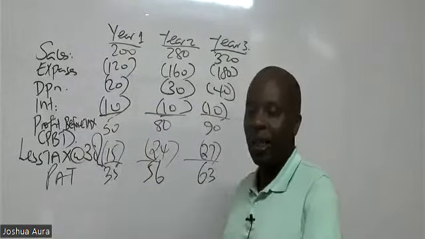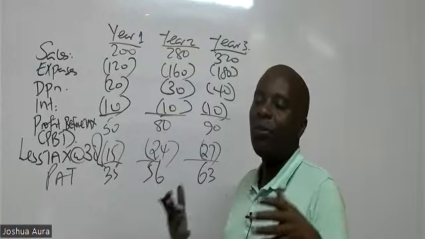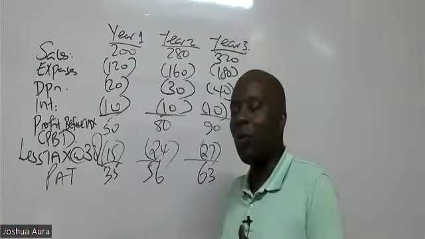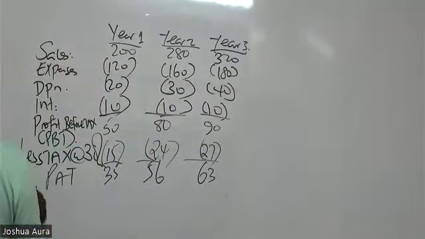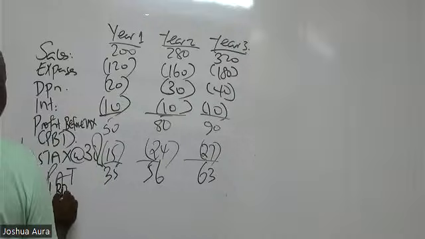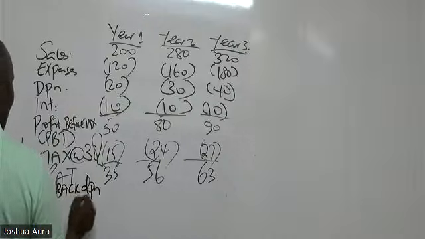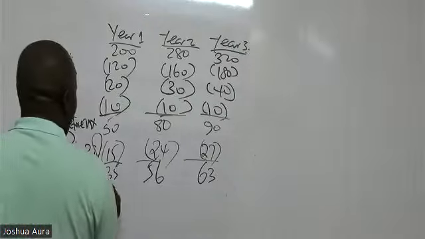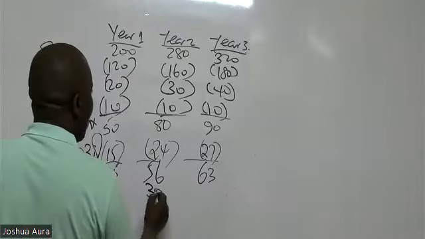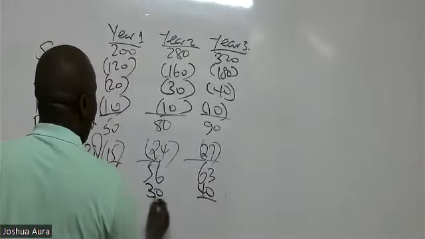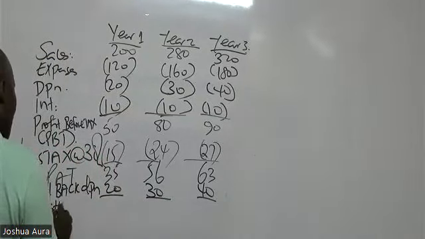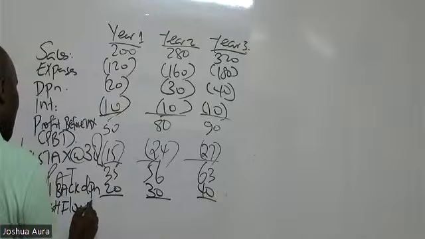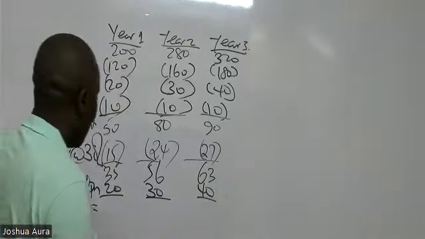That's how you write it. To change profit after tax to cash flow, you add back depreciation. So depreciation, hapa ni 20, hapa ni 30, hapa ni 40. You add back depreciation for you to be able to get our operational cash flows.